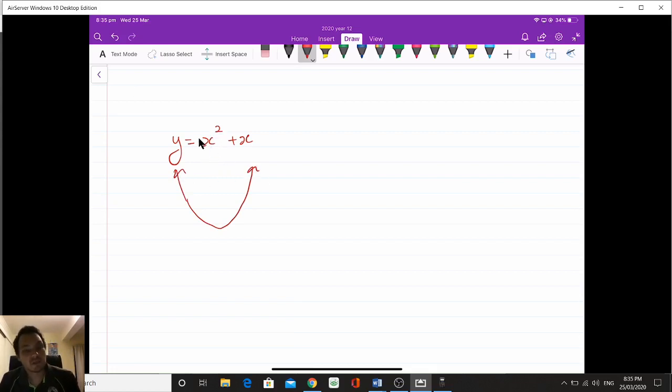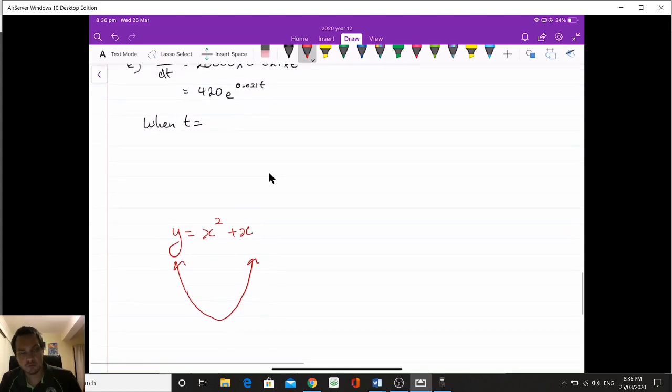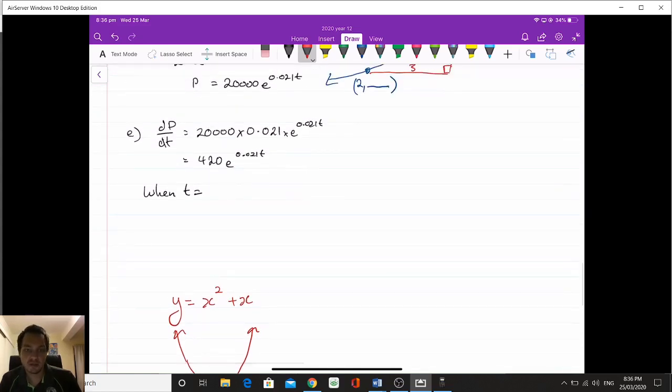And the reason why is because as x approaches really large numbers, or really, really small numbers, this x squared is going to dominate our x. So for example, when x is 20, that's not a very big number, but 20 squared is going to be way more than 20. That's 400, I think.